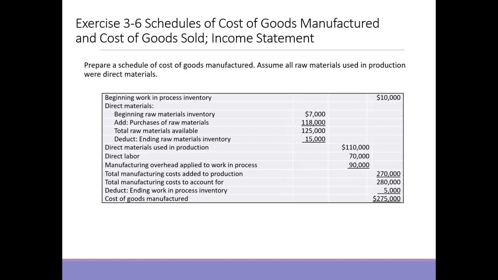We add to that our direct labor and our manufacturing overhead that was applied to give us total manufacturing costs. Okay, so we've got our 280,000 total manufacturing costs minus our ending work in process should be what we manufactured. Got it?